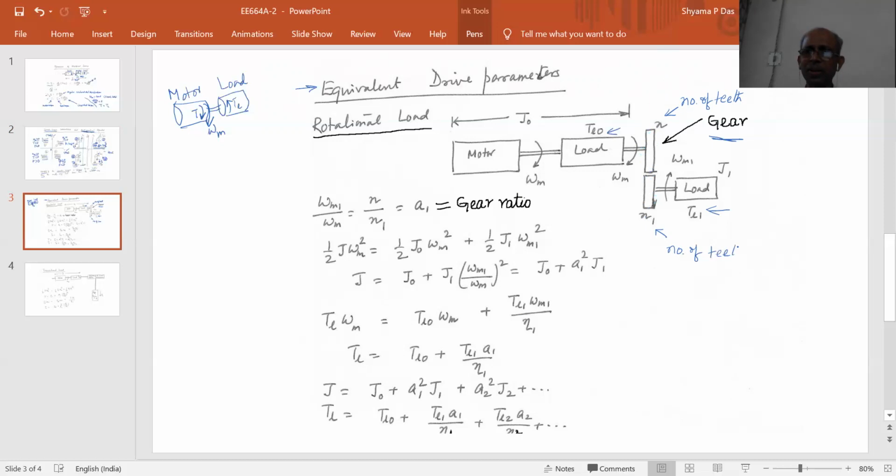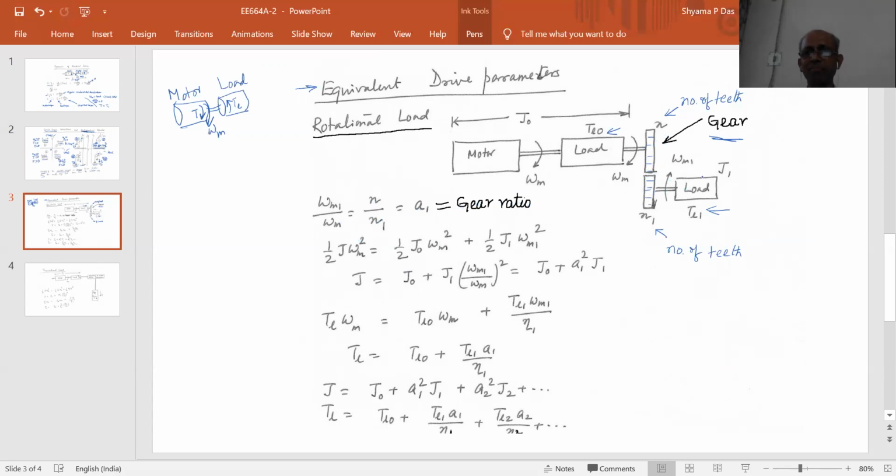When we have gears, they will have these teeth. These are the teeth of the first gear and the teeth of the second gear, the gear on the opposite side of the load. The ratio of the number of teeth, N by N1, is called A1. A1 is basically called the gear ratio.